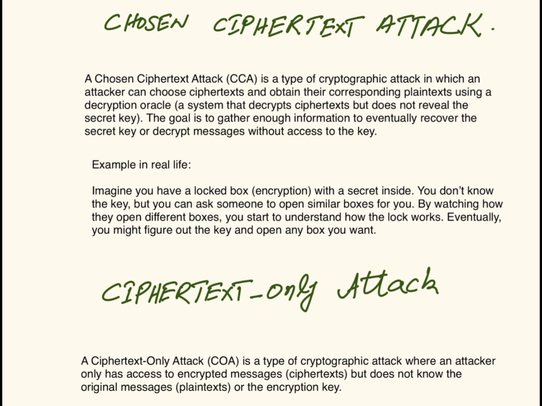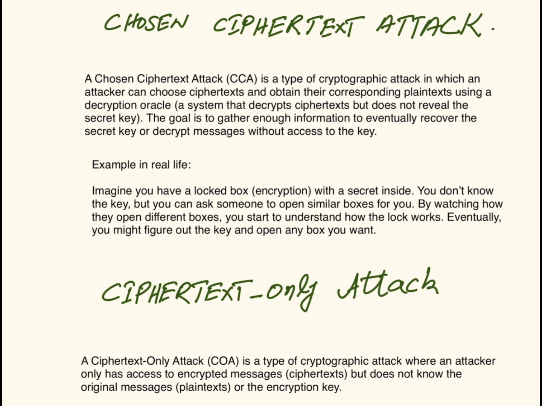In this particular attack, the attacker can have access to the decryption system. That is a very important thing which we need to understand. The attacker does not get the full plain text output.